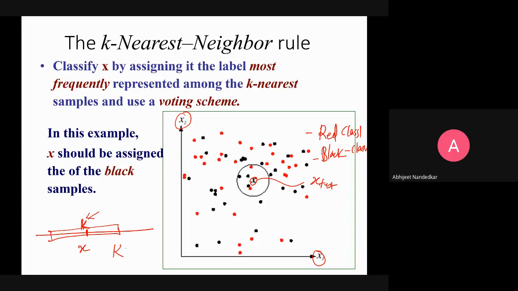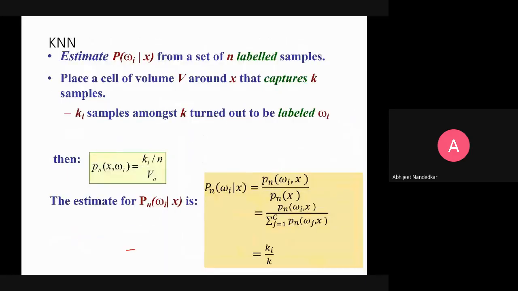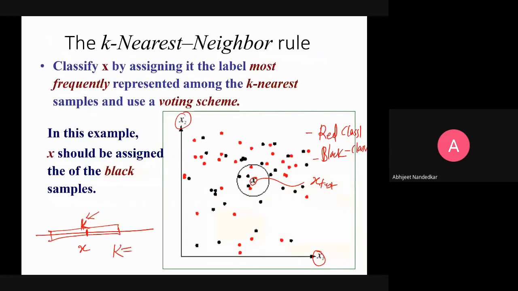Suppose I am in search of, let us say, k equal to 7 and I got 7 samples near to this x. Out of 7, suppose 3 samples belong to omega 1 and 4 samples belong to omega 2.